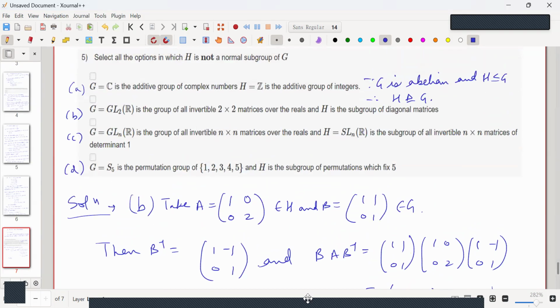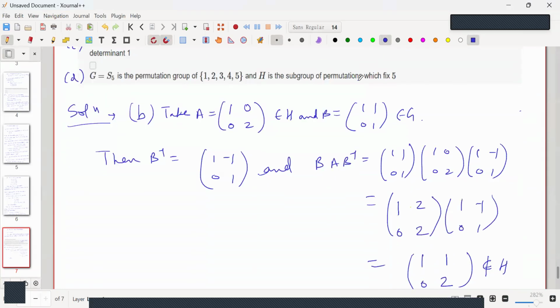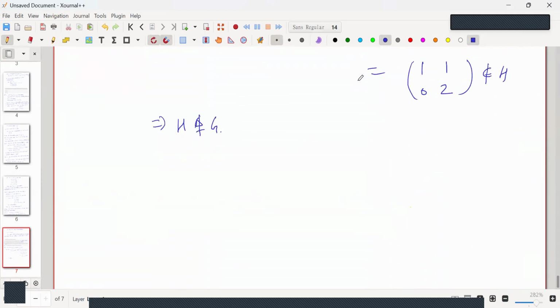What about the third one? G is the group of invertible n cross n matrices over reals, and H is the subgroup of invertible n cross n matrices of determinant 1. Here H is normal. Reason? For any invertible matrix A, determinant of A times determinant of A inverse will be 1.